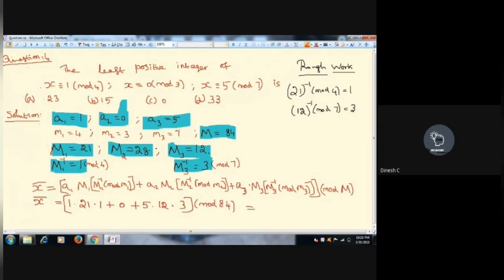If you add all these values, you get 201 mod 84. So the final answer is 33, or 33 plus 84k. So the choice is D.